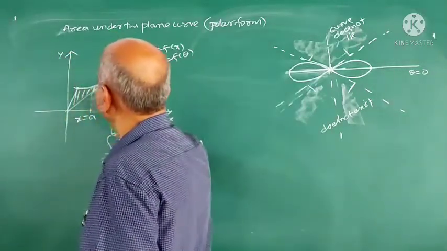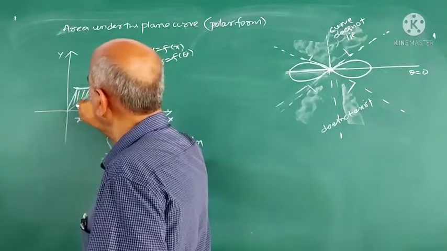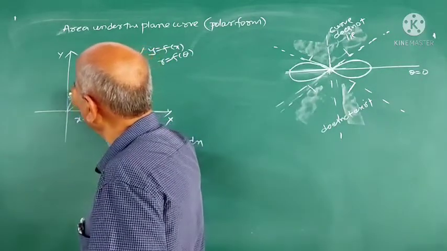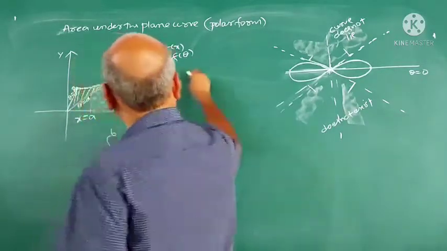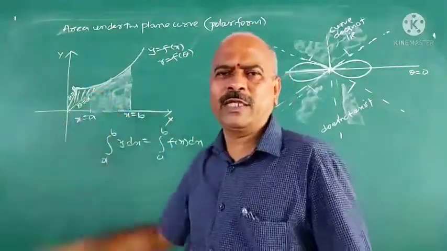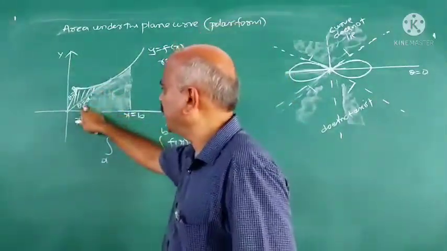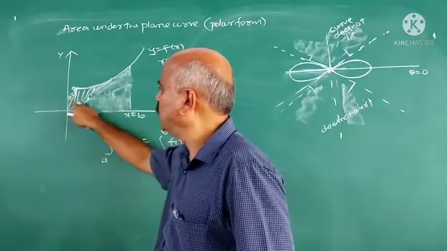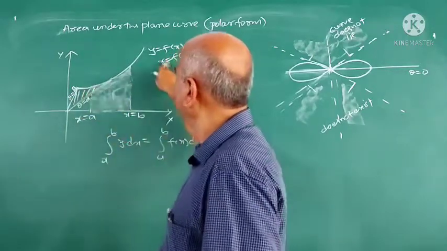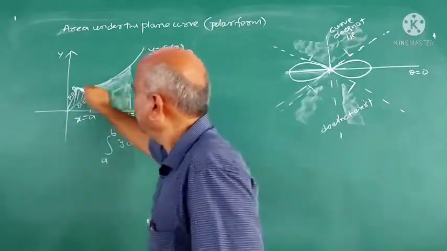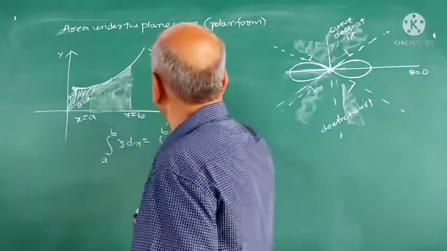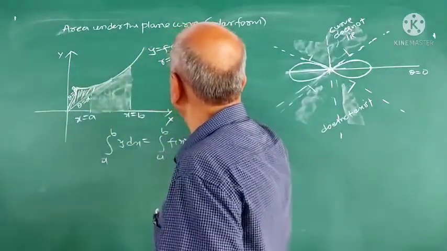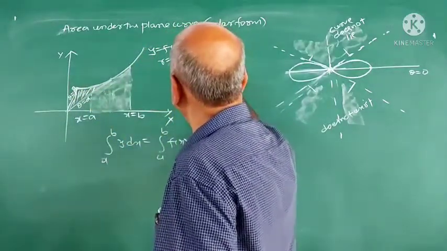Suppose this is the curve r is equal to f of theta, and this is theta is equal to alpha, this is theta is equal to beta. Theta is alpha and theta is beta are the two radii vectors. Then this area bounded by the two radii vectors alpha and beta is given by half r square d theta.